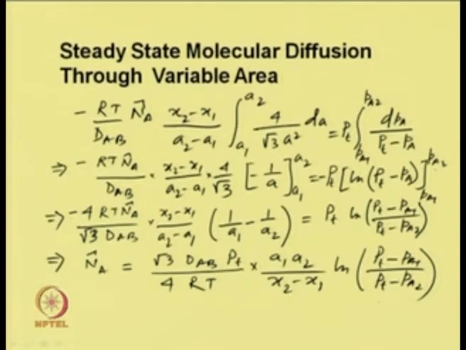So, this is the molar flow rate equation of component A through the variable area of equilateral triangular cross section.